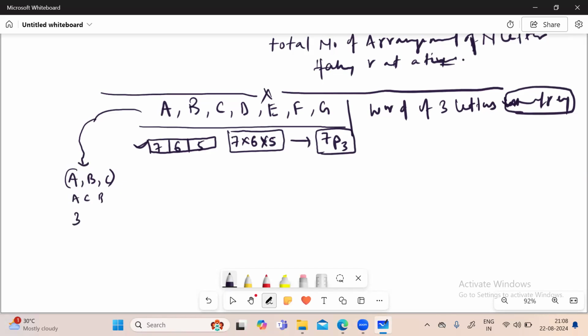I mean 3 into 2 into 1 or 3 factorial ways.